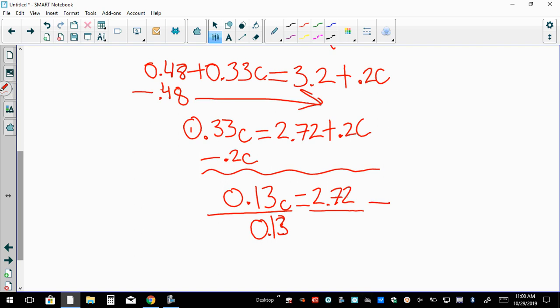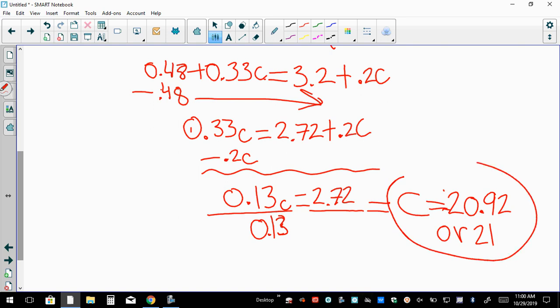And that is C equals 20.92. Or on Mr. Height's notes, he also put 21 because it pretty much rounds to that. And this is your answer.